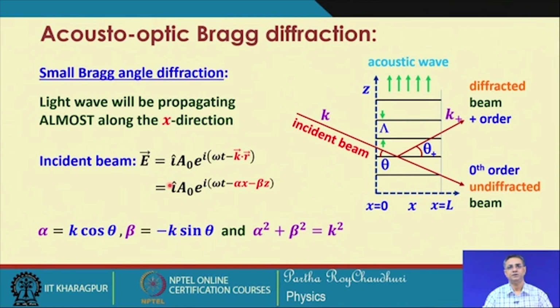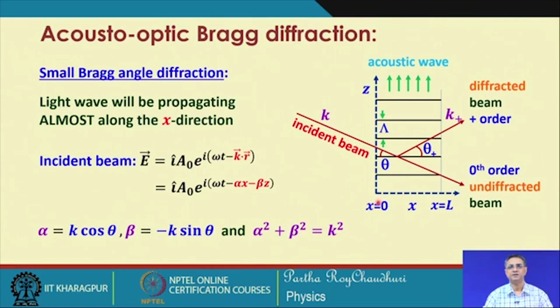So, therefore, this picture is complete, and this alpha, the x component of the propagation vector, will be equal to k cosine theta, and the z component of the propagation vector beta will be minus k sin theta along this direction. And for the incident beam, alpha square plus beta square must be equal to k square.